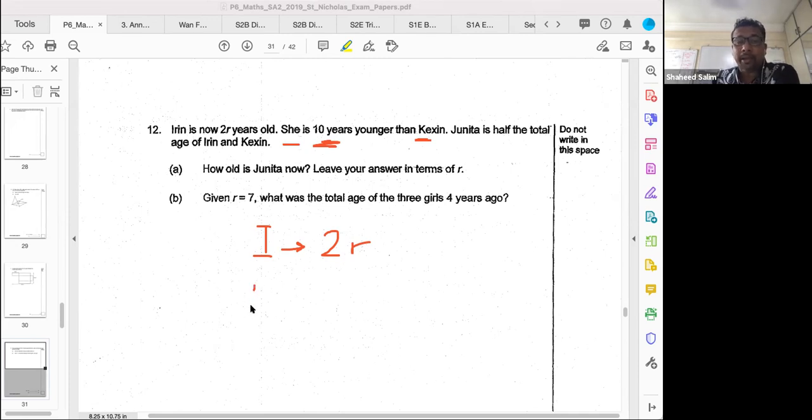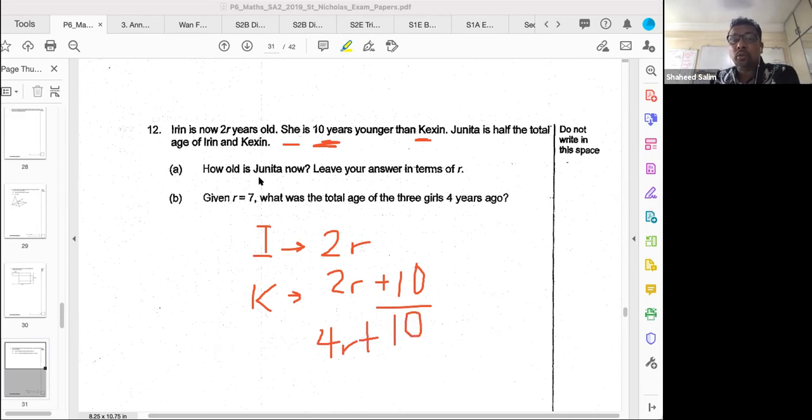Cassin is 10 years older, so you must write 2R plus 10 for Cassin. Cassin is 2R plus 10. Why? Because Irene is 10 years younger. That means Cassin is 10 years older, you plus 10. What's the total age? You add, 4R plus 10. 4R, not 2R, 4R plus 10.